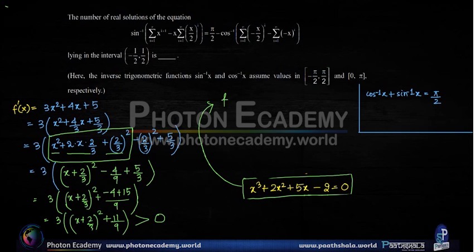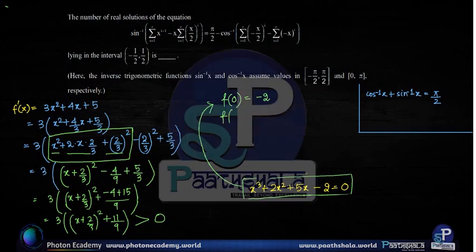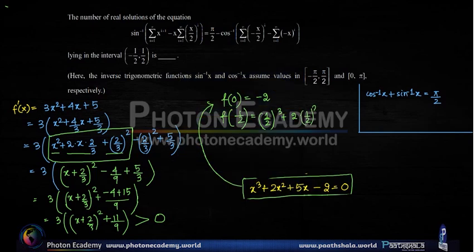We see that f of 0 is equal to minus 2, and f of half is equal to 1 by 2 cube plus 2 into 1 by 2 square plus 5 into 1 by 2 minus 2, and this term is positive, so this whole term is greater than 0.